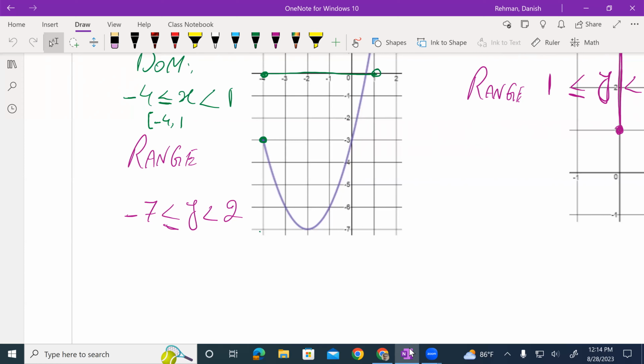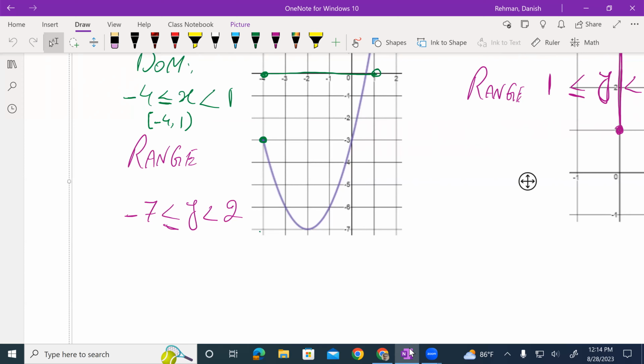I will put the parentheses, not the square bracket. Square bracket is used whenever a number or a limit is inclusive. And I have used here the parentheses on the right hand side with the 1 because 1 is not inclusive. Same will go with the range also.